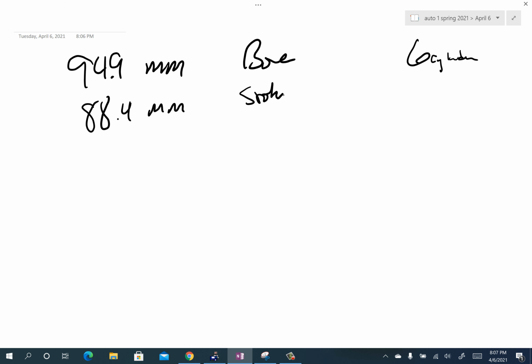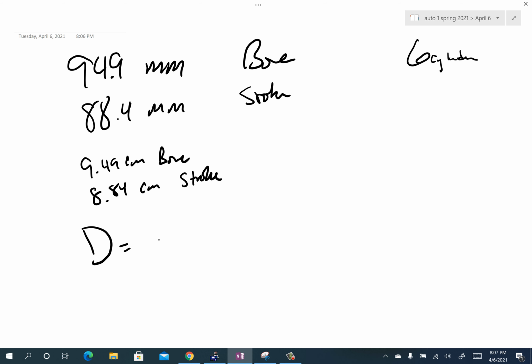So first things first, friends. I'm going to rewrite that as 9.49 centimeter bore, 8.84 centimeter stroke. So displacement is equal to 3.14 times 9.49 squared divided by 4 times 8.84 times 6.